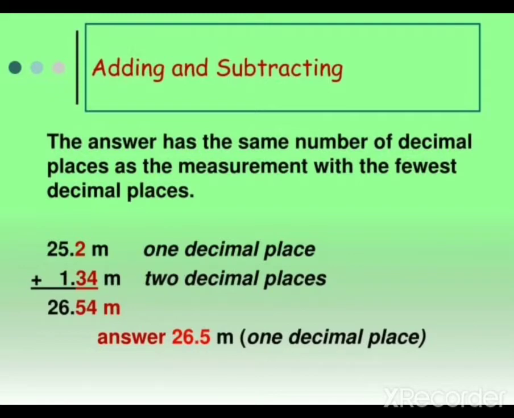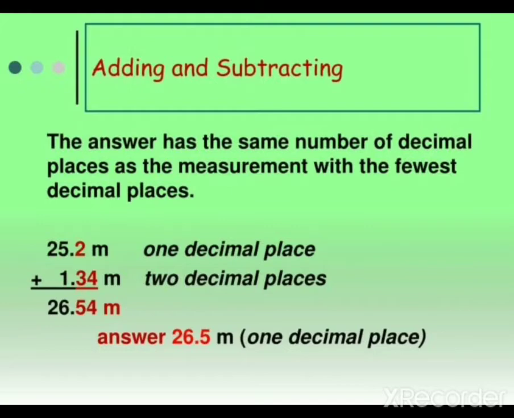The number 25.2 has one decimal place. What about 1.34? It has two decimal places. So out of the two numbers given, which has the fewest decimal places? It is 25.2. How many decimal places? Only one. Therefore, the answer 26.54 should also have only one decimal place.